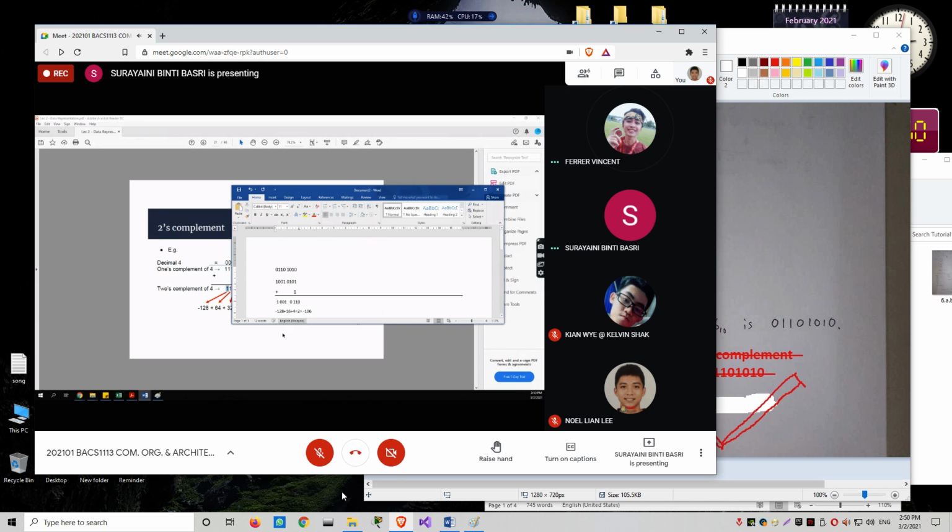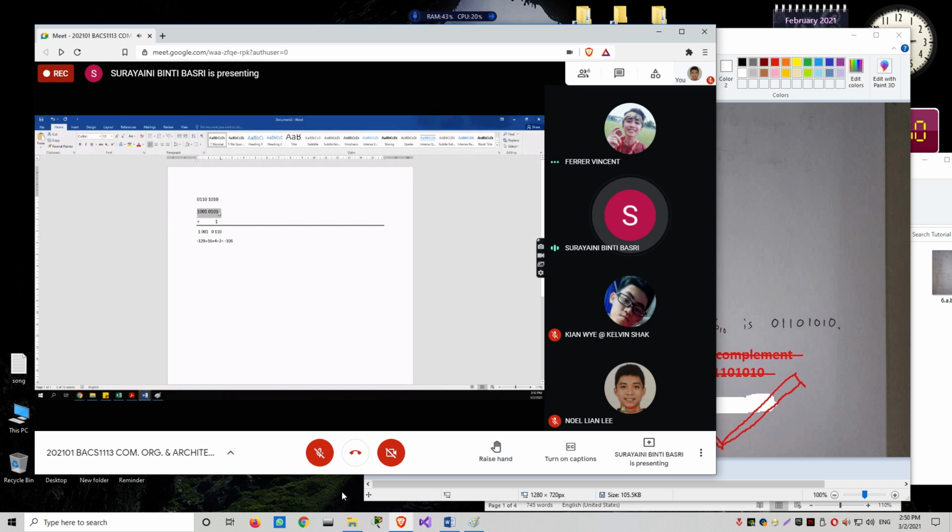Okay, so in summary, Farah, can you please state the general steps of getting 2's complement? First, I convert it to binary, then inverse, and then after that, plus 1. In this step, from here to here, what happened?